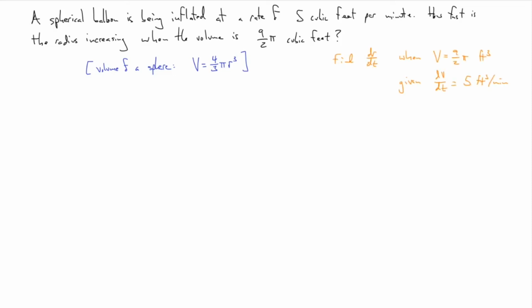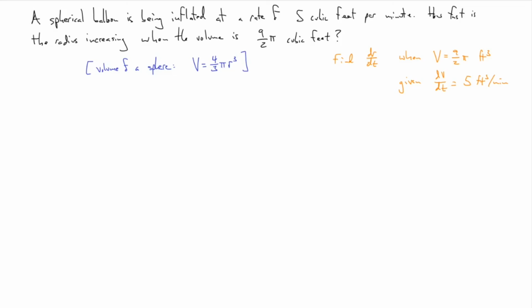The first thing we need to do is figure out what the problem is asking us and what it is telling us. It's asking us how fast the radius is increasing. That's the question. Find dr/dt, the rate of change of the radius. It's asking us to find that when the volume is 9/2 pi cubic feet, so we know that V, the volume, is 9/2 pi cubic feet, and it's telling us that this balloon is being inflated at a rate of 5 cubic feet per minute.